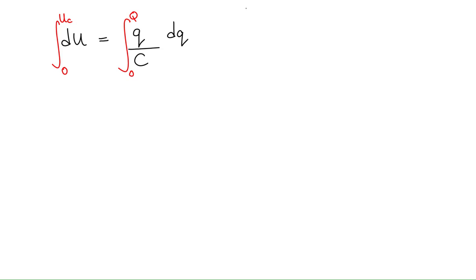So when we integrate this, we get that the potential energy from the negative plate to the positive plate is equal to 1 over C, which is a constant, times Q squared over 2 when we integrate charge with respect to itself, from 0 to the amount of charge that's on our plate.